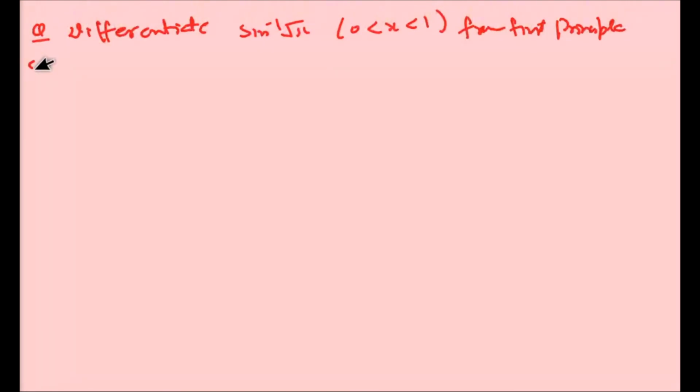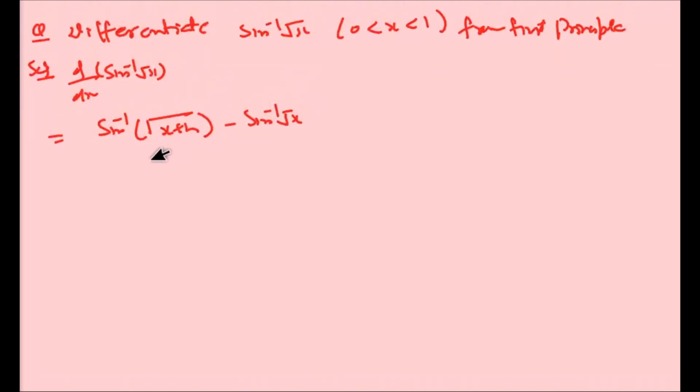So your solution will be this way: d by dx of sine inverse root x, and now using first principle we write sine inverse root (x plus h) minus sine inverse root x upon h, h tends towards 0.